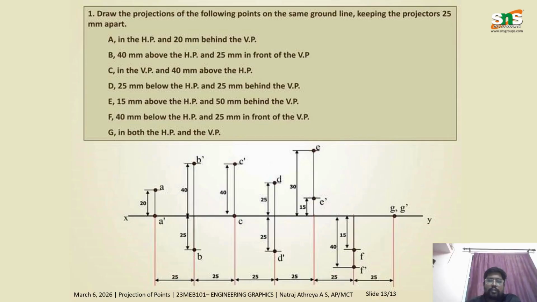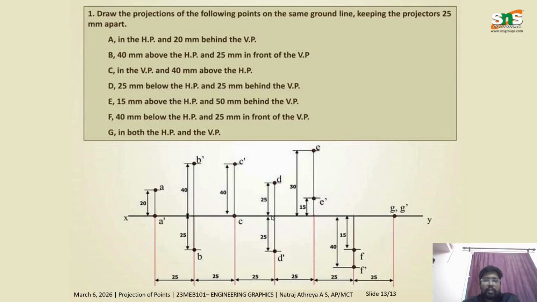In front of is positive, but with vertical plane it is opposite, so it is below the reference line. If it is behind VP, it is above the reference line. Is it clear? You can write it down. When these sort of questions are given, you can just straight away plug the values in, and put the points wherever they belong.